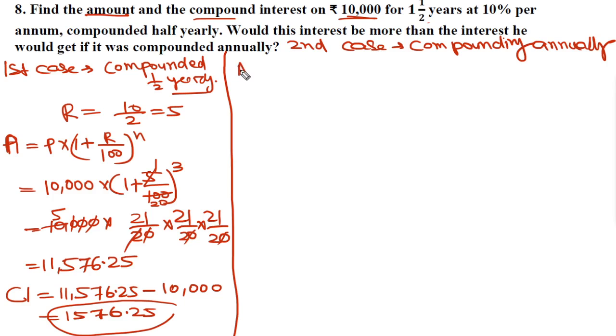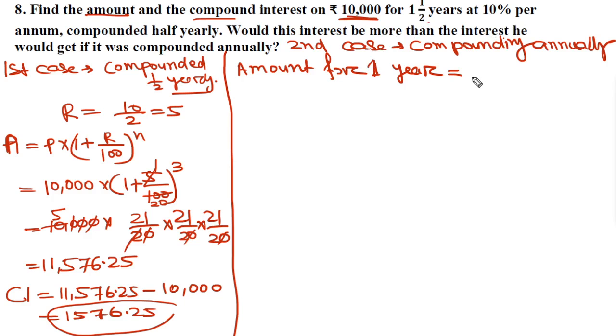So amount for 1 year, or first year you can say, is equal to, now if you assume that 100% is your principal, now 10% is interest, so amount will be 100% plus 10%, that is 110%.